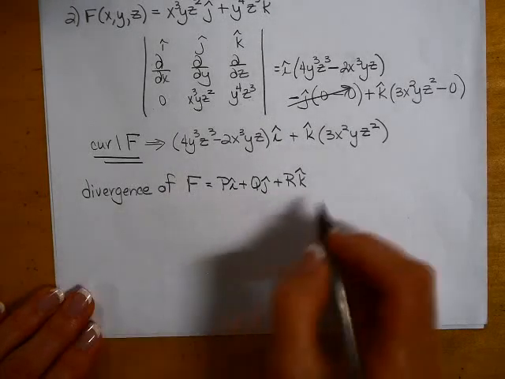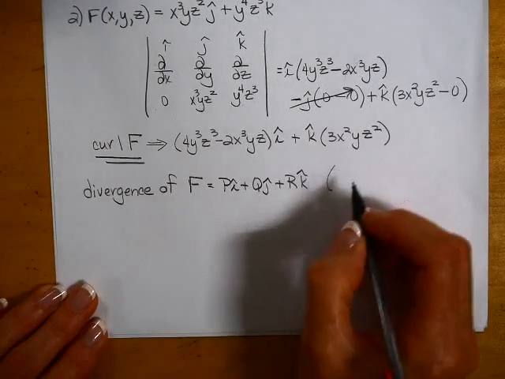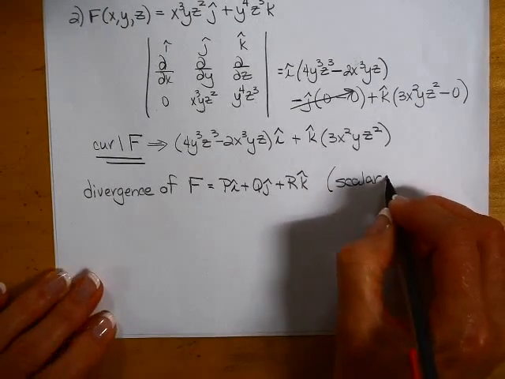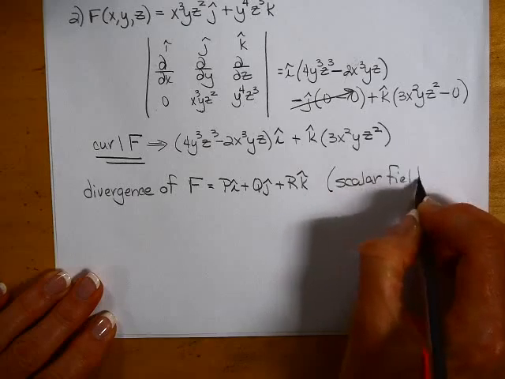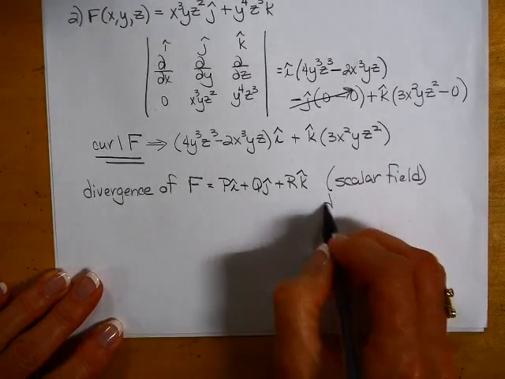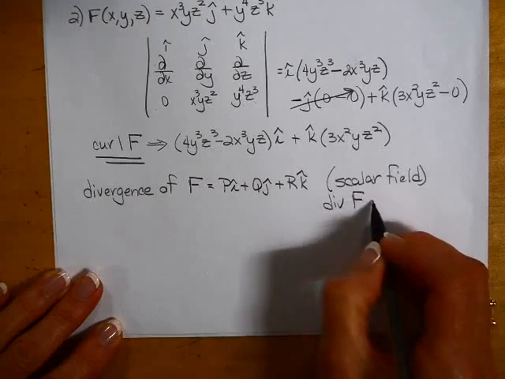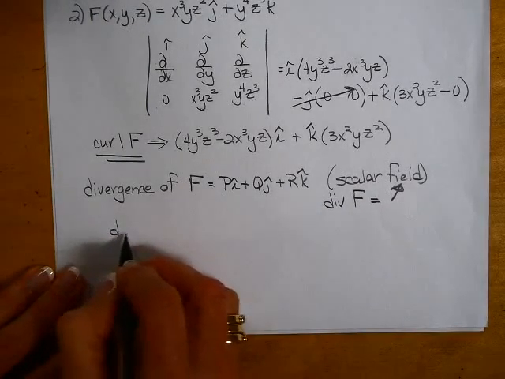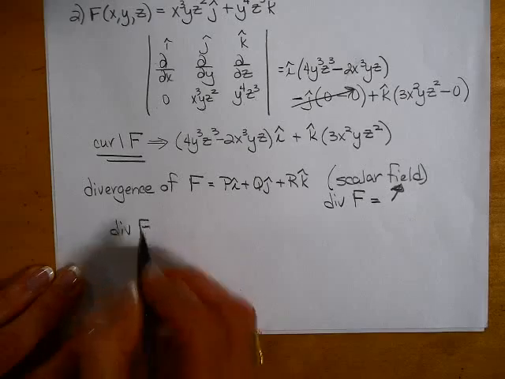And the divergence of f is going to give you a scalar field. So the divergence of a vector field is a scalar field.